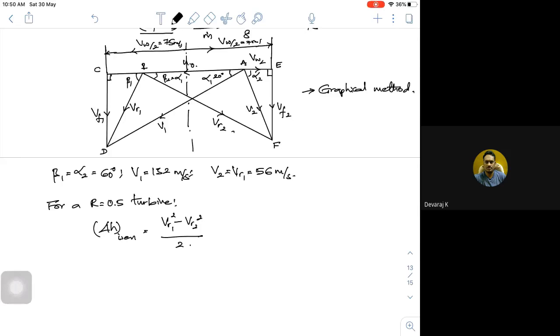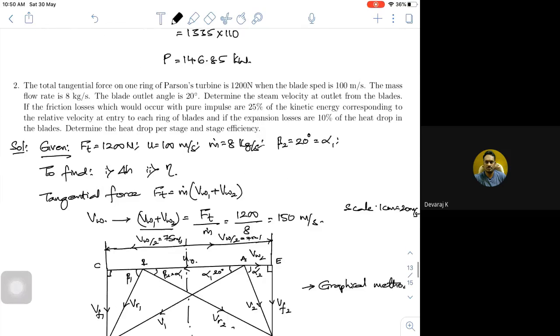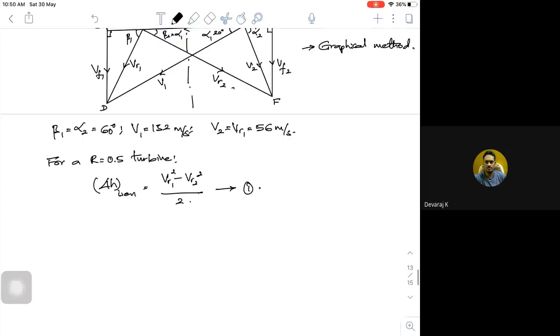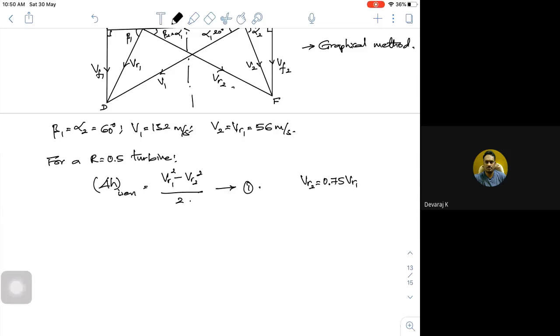This is the theoretical expression, let me call that 1. But what they have told in the problem statement is that there is a 25% drop in the kinetic energy. So what should I do? Your VR2 is actually 0.75 times VR1. That's the meaning of it.